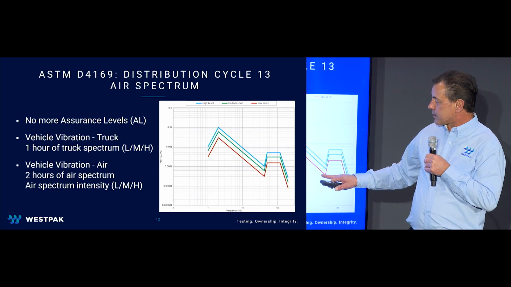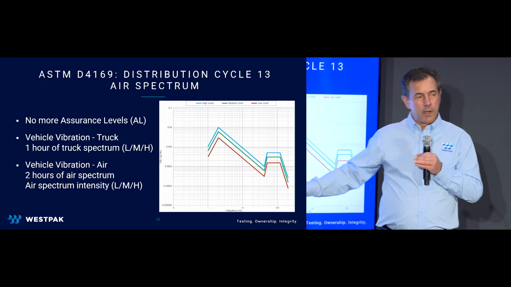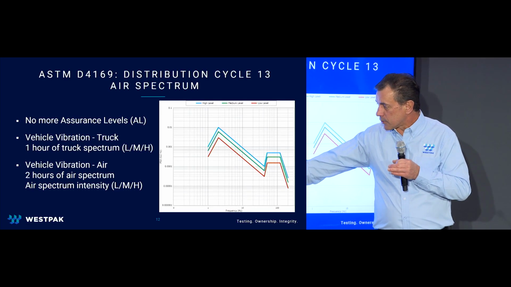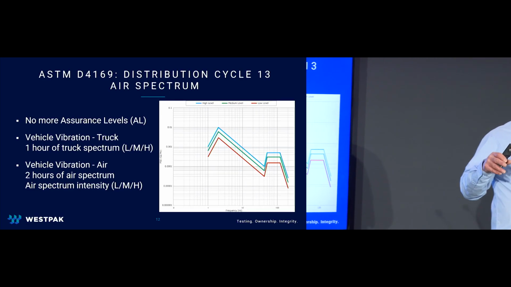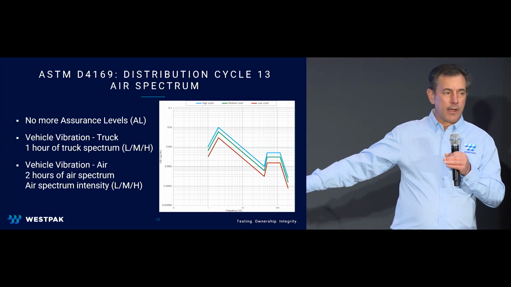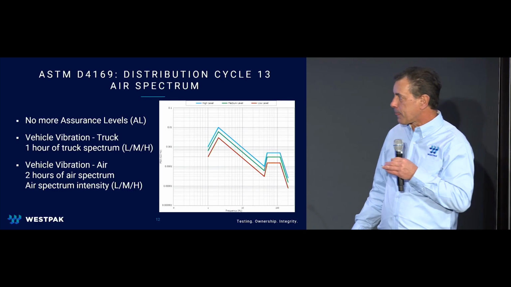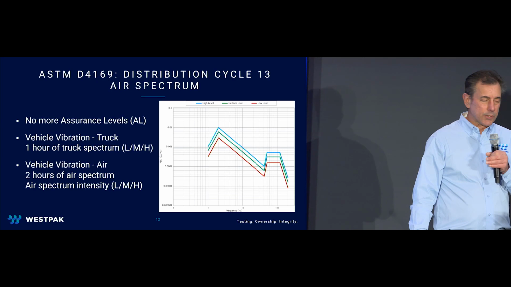Same here. The red is the low, green is medium, and blue is high. You run all of these levels in a loop. So for the air spectrum, you would run it low, medium, and high for an hour. And then the second hour, you would run it low, medium, and high, for a total of 2 hours.